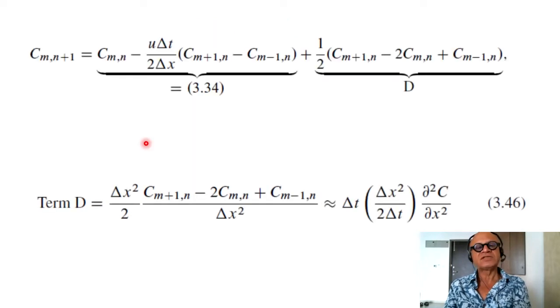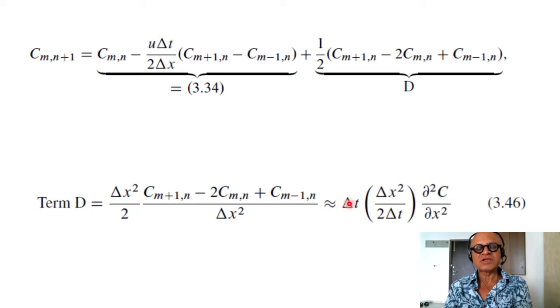What does it do? Essentially it amounts to still being the Euler forward, same as before, plus an additional term which is 1/2 of C_(m+1)^n minus 2 C_m^n plus C_(m-1)^n, which is essentially a diffusion term. So term D can be written, using Taylor series expansion, as delta x squared over 2 times C_(m+1)^n minus 2 C_m^n plus C_(m-1)^n, this term divided by delta x squared.